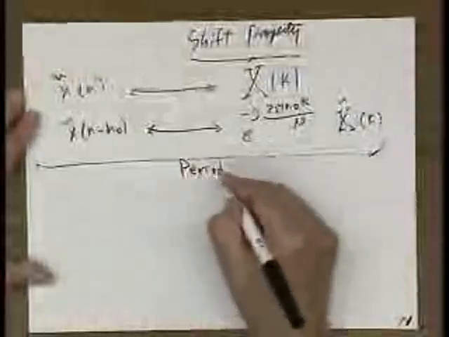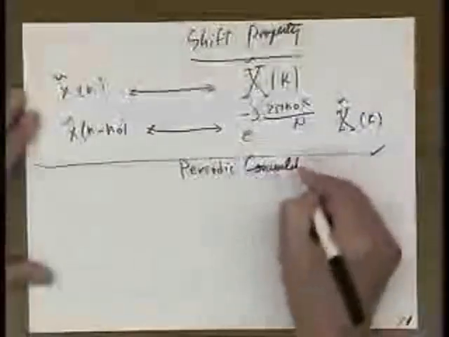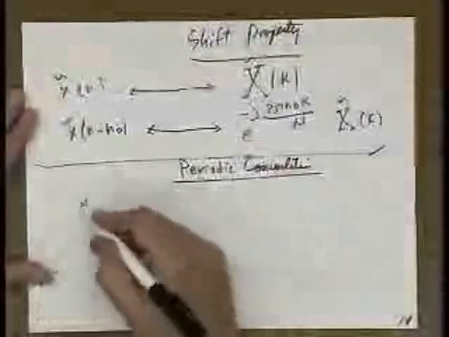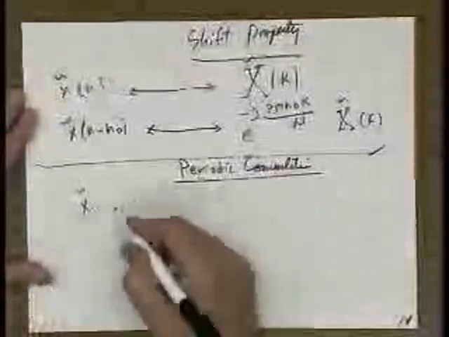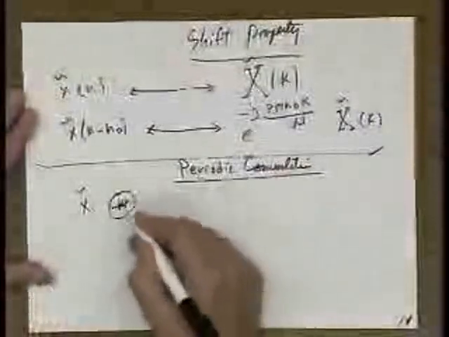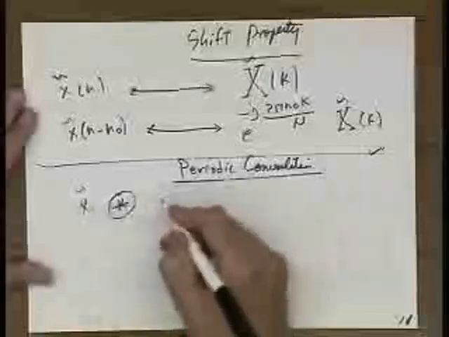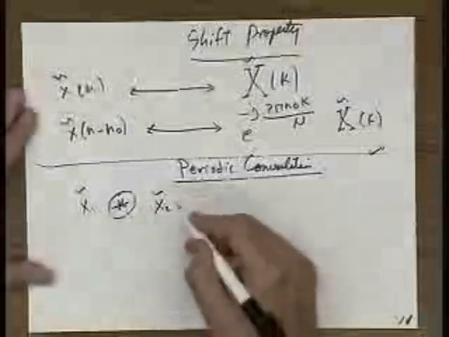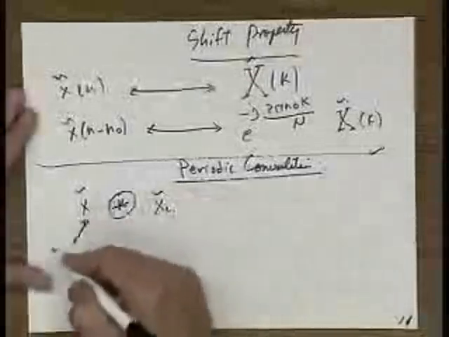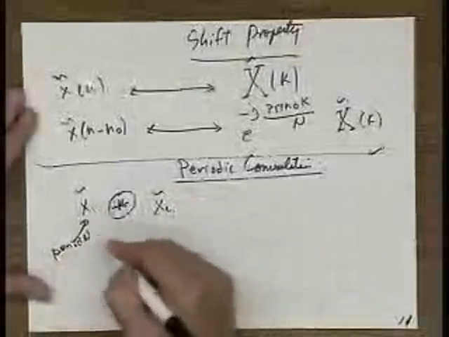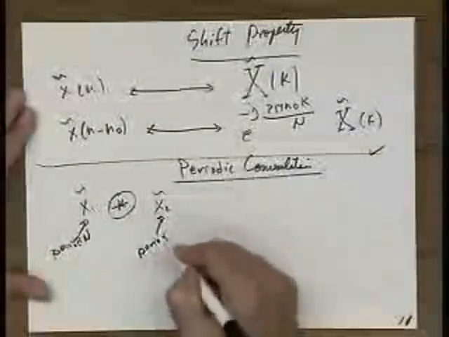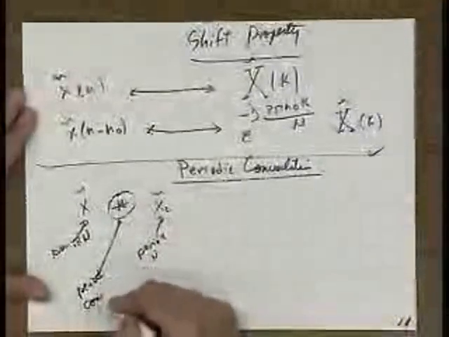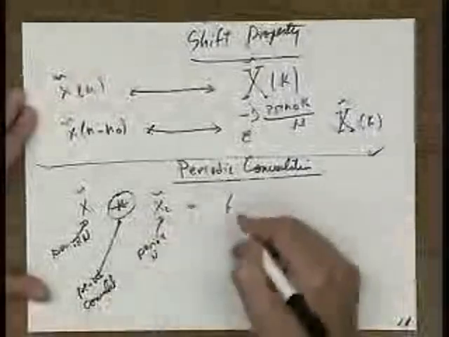Next, I move on to periodic convolution, which some of you said you've already seen, but let's just go over it real quickly. If I have a periodic sequence x1 tilde, and I denote periodic convolution by a convolution symbol with a circle around it, and I convolve it periodically with x2, where this has period N and this has period N, I get a new signal that's periodic.